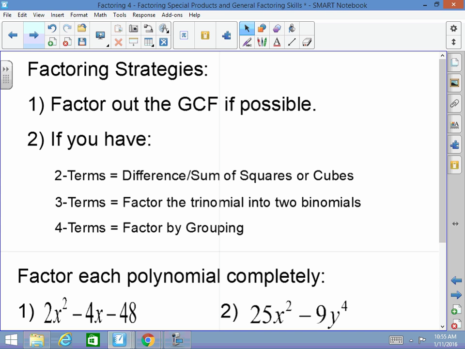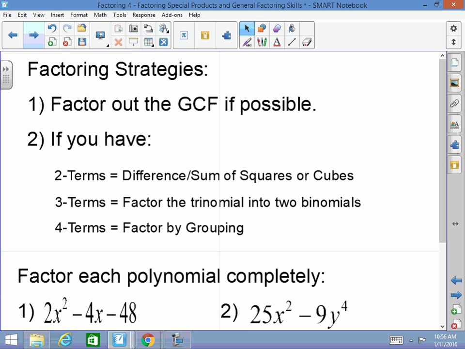Those are your only choices. If you're dealing with 3 terms, you're dealing with a trinomial, you got to factor a trinomial. You're either dealing with the regular trinomial where A is 1, or a trinomial where A is something other than 1, and we go with our Cuban method. And then if you have 4 terms, you factor by grouping. And that's it. You have all the skills that you need.